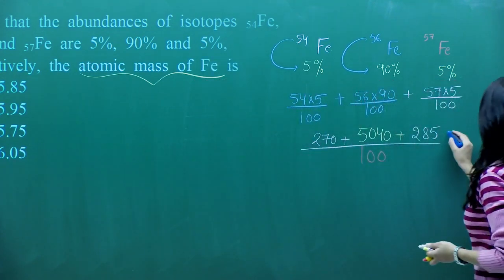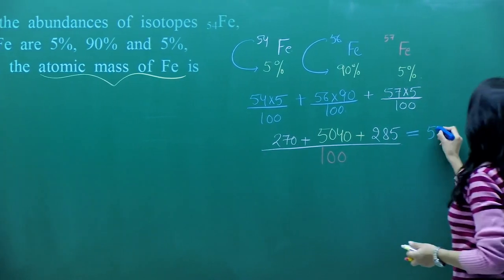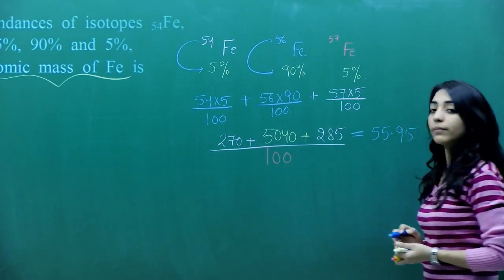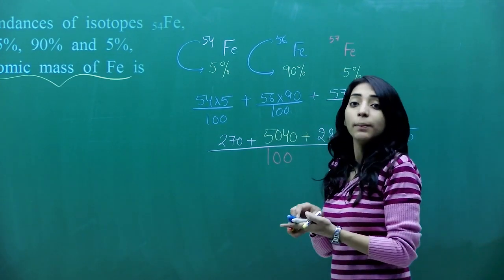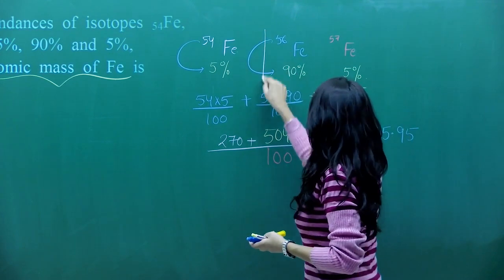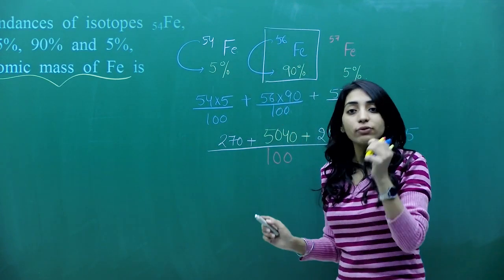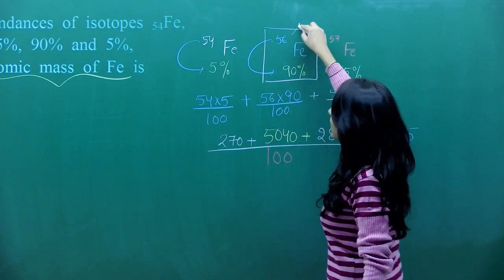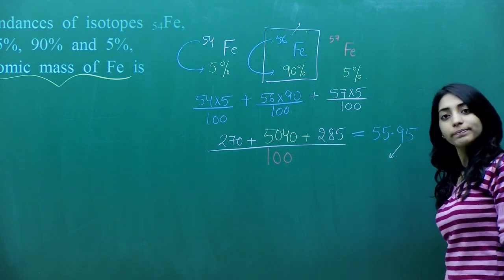And guys, if you solve it, you will finally get the answer around 55.95. Now guys, see, since the maximum percentage was with iron 56, the answer will be very close to 56, and hence the answer was 55.95.